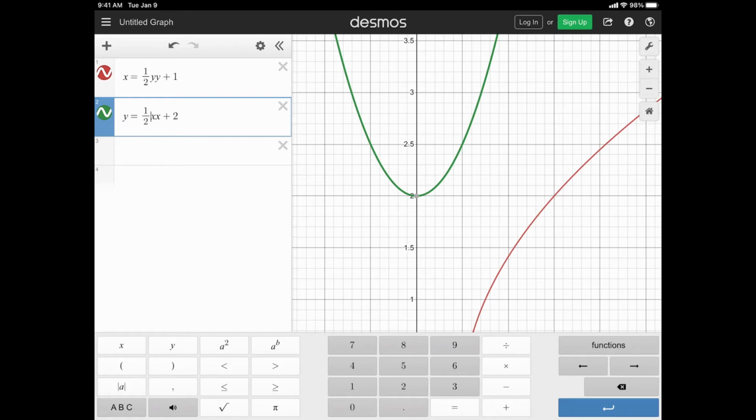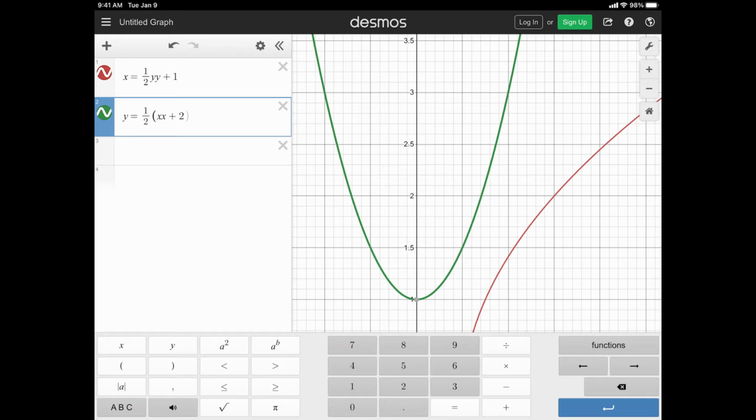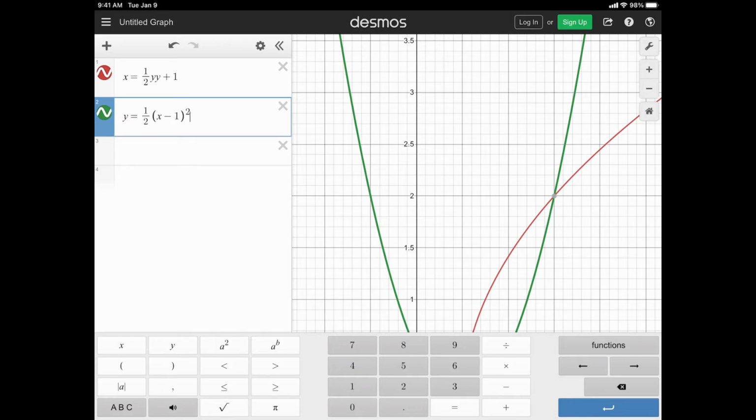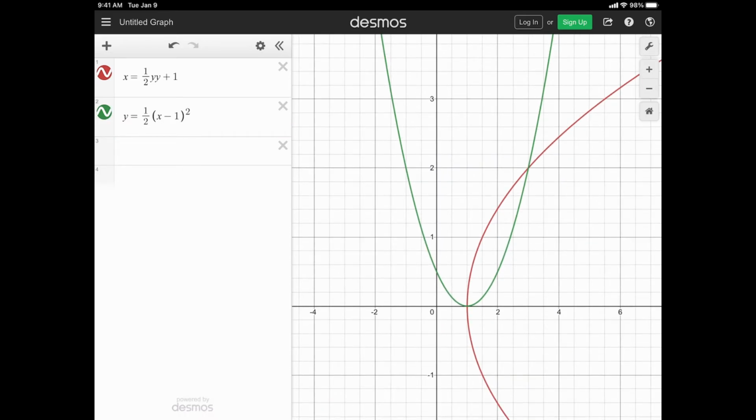To get out, you press the right key. Parentheses x minus 1, squared. And so we have a graph shifted over to the right. And our points of intersection are 1, 0, 3, 2.